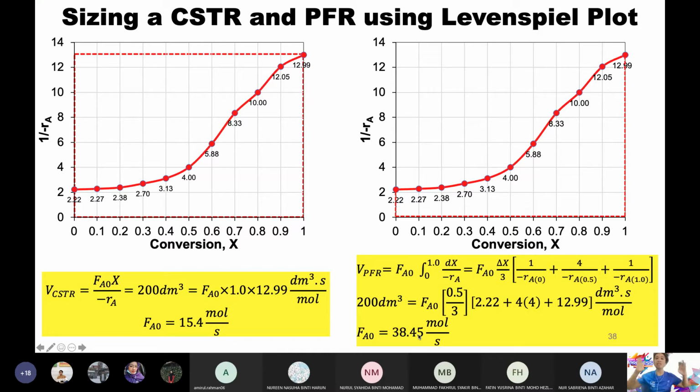So that's how you see the same volume. You must also notice the same conversion, the same plot. It's actually the same plot, but you get two different molar flow rates because you are using a different type of reactor. You have to understand that part: the difference is because you are using different design equations, so the calculation will give you a different outcome.